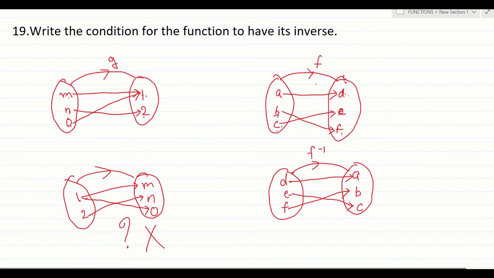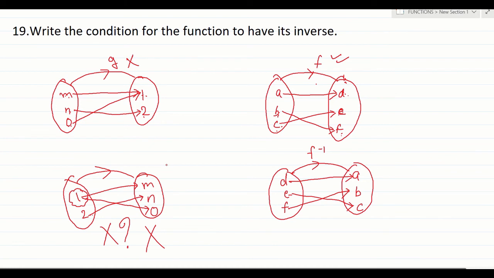Means the element of the first set must not have relation with more than one element, isn't that? But this element 1 has relation with M as well as O, isn't this? So this is not a function. So we are able to find the inverse of F, but we are not able to find the inverse of G, isn't this?